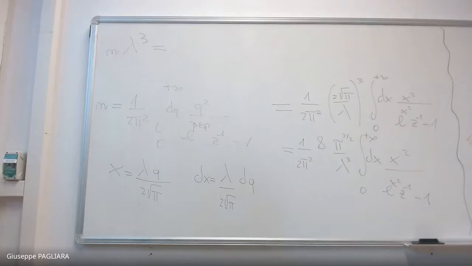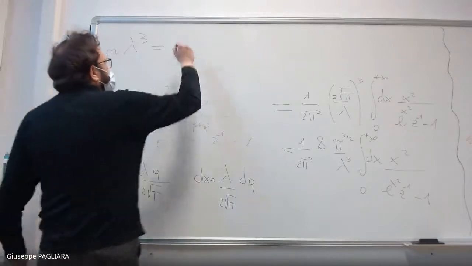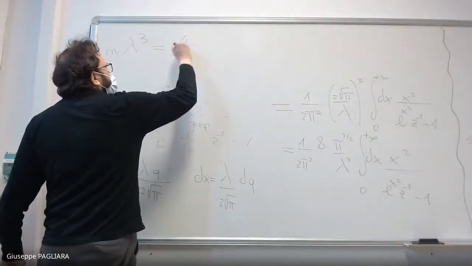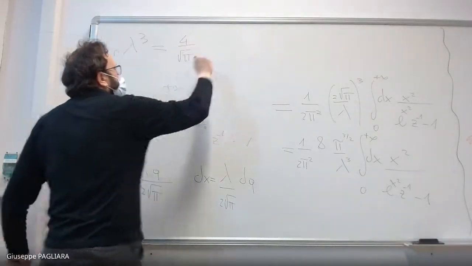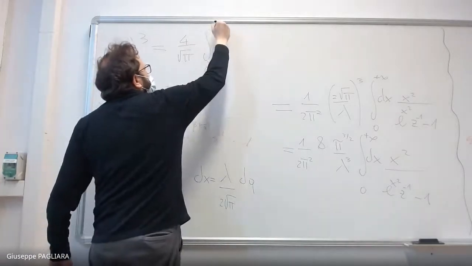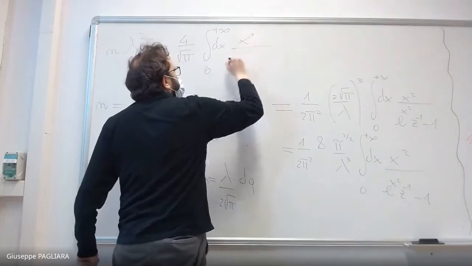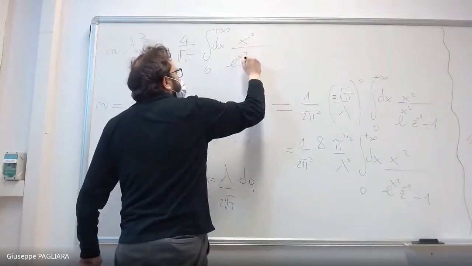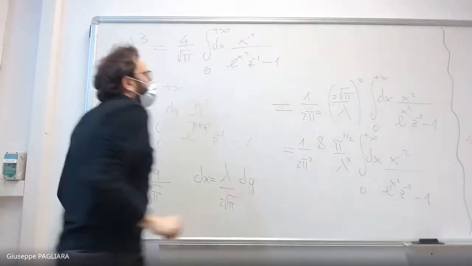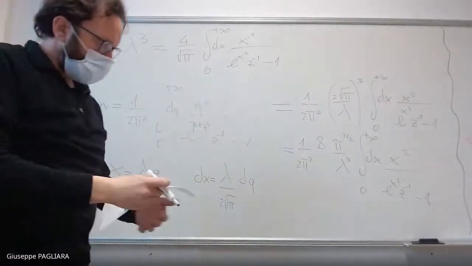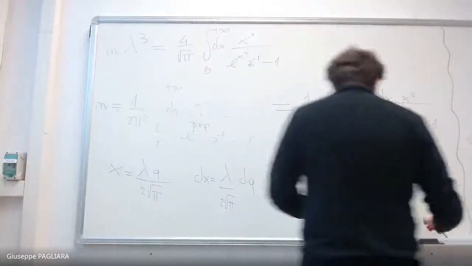And here I should get just 4 divided by pi to the 1/2. And here I have the integral from 0 to plus infinity of dx x squared over e to x squared z minus 1 minus 1.